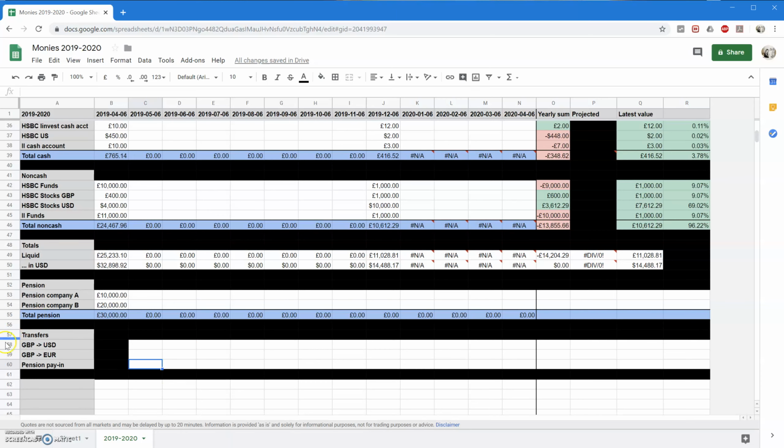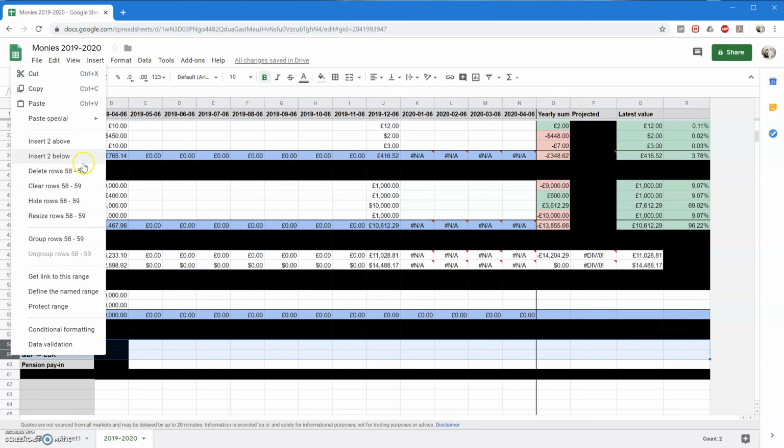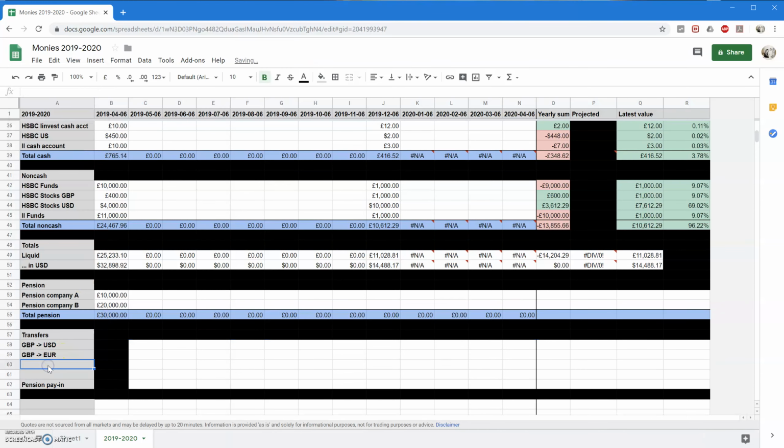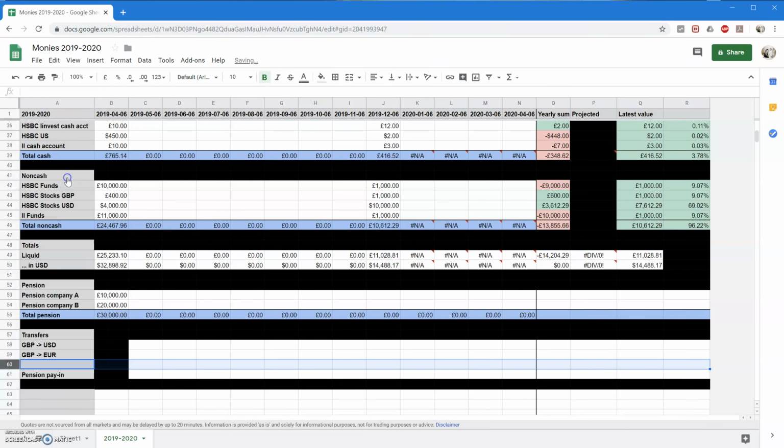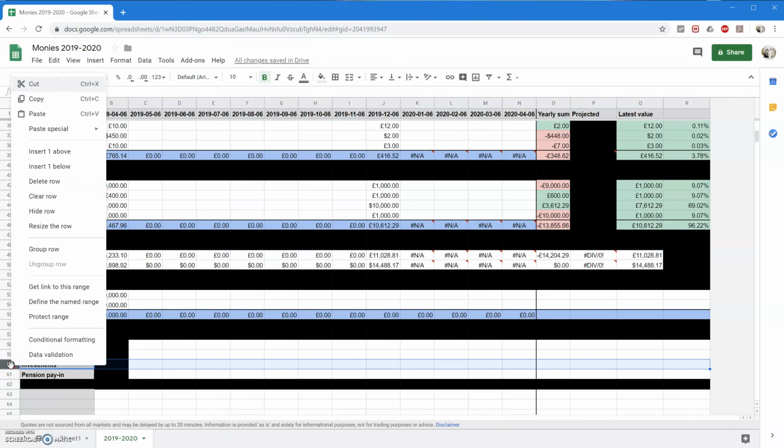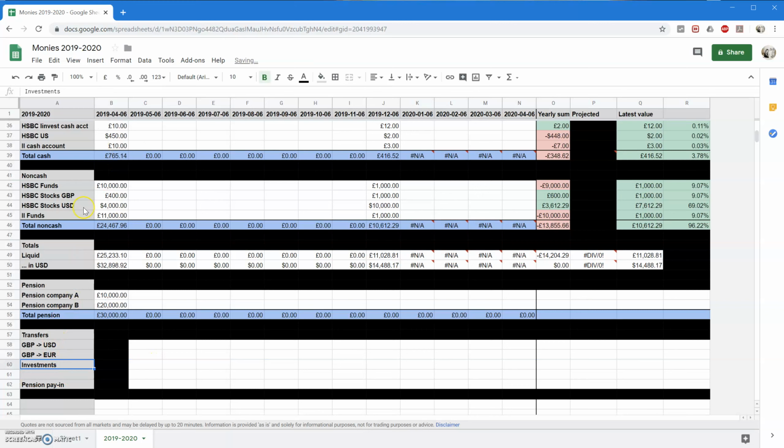You can, however, do transfers of other kinds, like transfers into investments. Actually, let's have two lines.